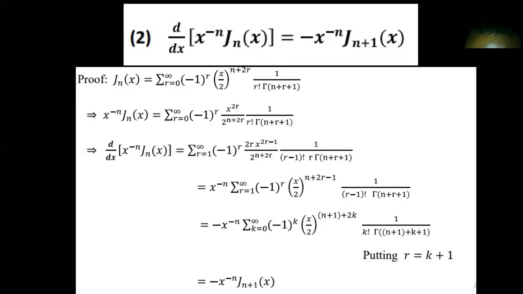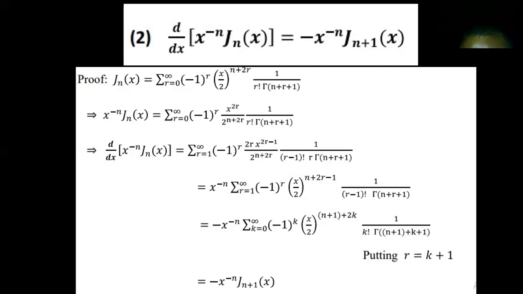Then I have this equal to minus x raised to power minus n, summation from r equals 1 to infinity of minus 1 raised to power r. Then x and 2 are now having the same power. Then I have r minus 1 factorial, the gamma of n plus r plus 1.